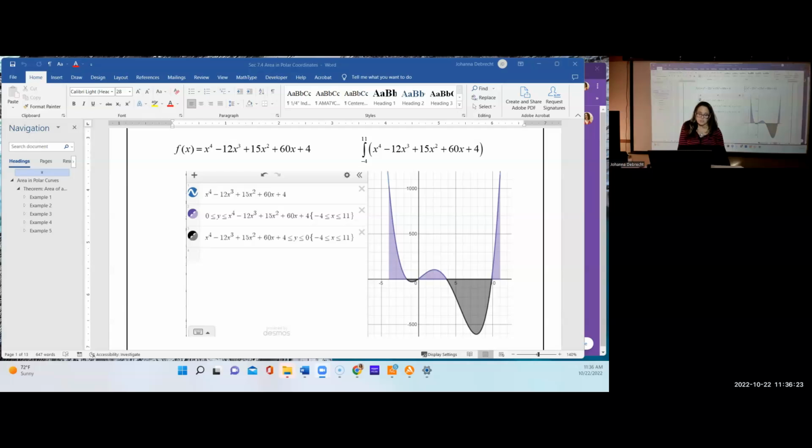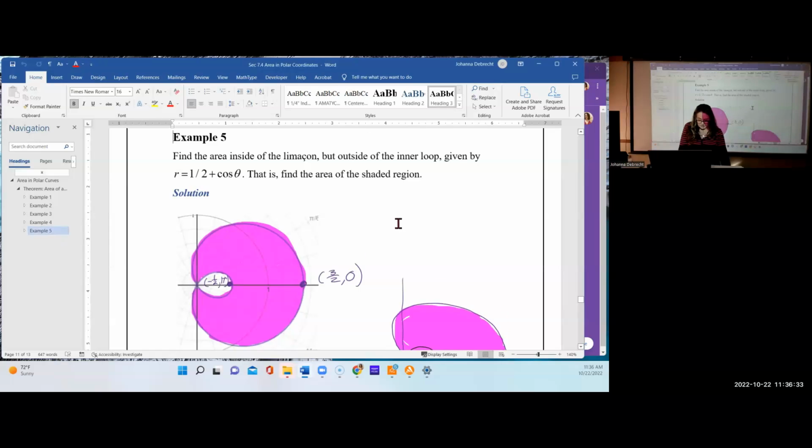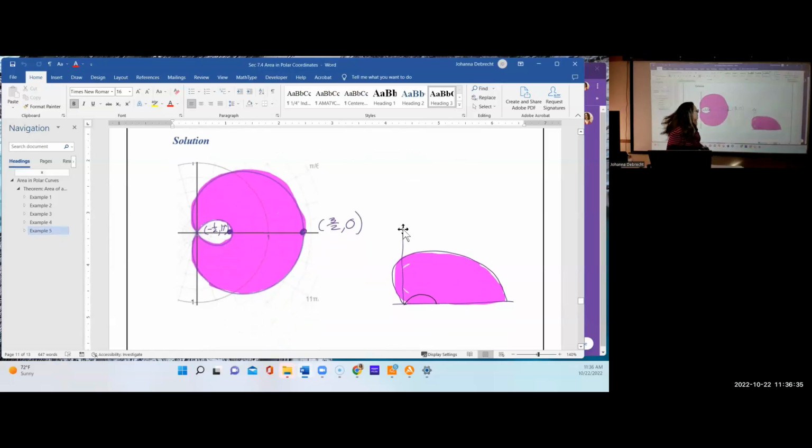Now, we want to be able to do something similar for a polar graph. So for example, let's take a look at one of our polar graphs. So we'll slip down here to example number 5, and we have the graph of a Riemann Sum. So when we get to example 5, this particular problem wants you to find the area inside the Riemann Sum, but not inside the inner loop.